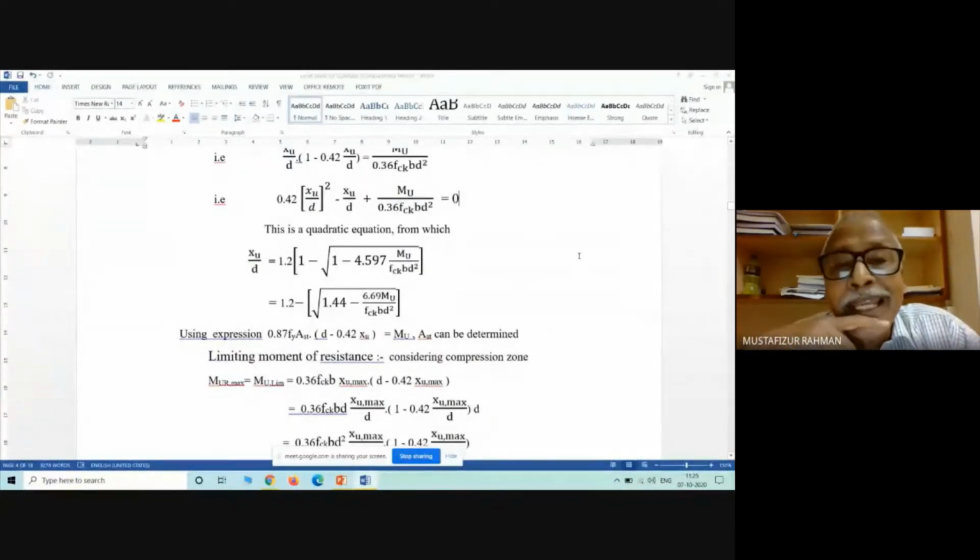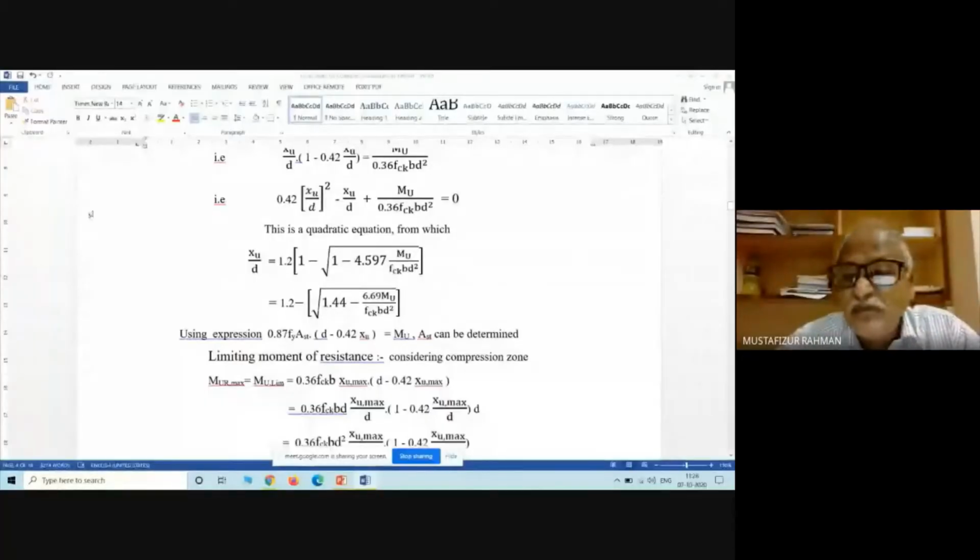It's a quadratic one: ax squared plus bx plus c. Here a is 0.42, x is xu by d, b is 1, and c is Mu by 0.36 fck b d squared, equal to 0. From this we are getting some part I have not written; probably you will be able to find it out.